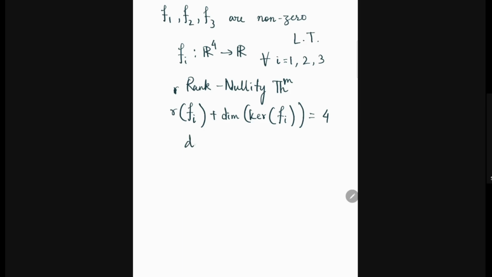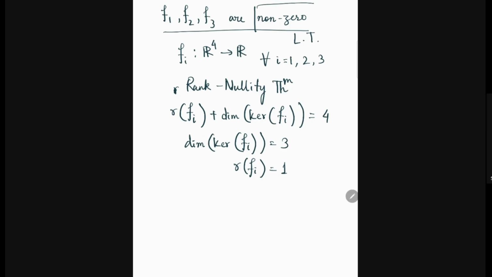The rank of Phi can be 1 or 0, but as it is a non-zero linear transformation going to R, rank of Phi will be 1. So the dimension of kernel of Phi is 3.